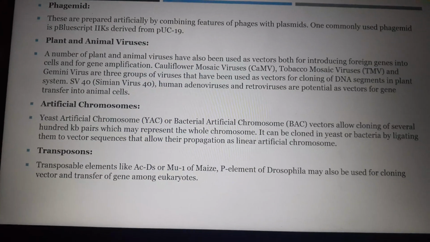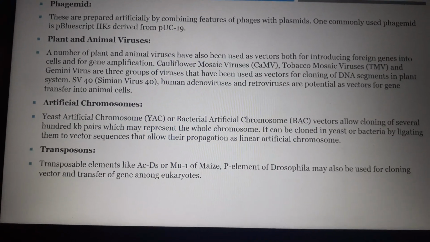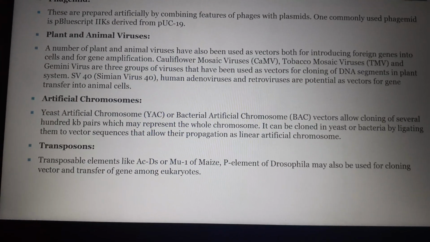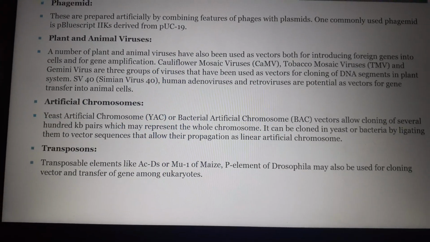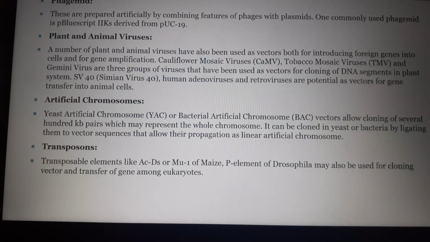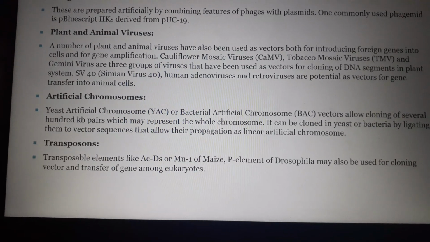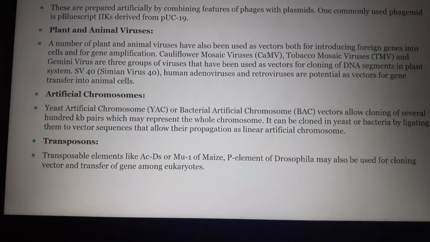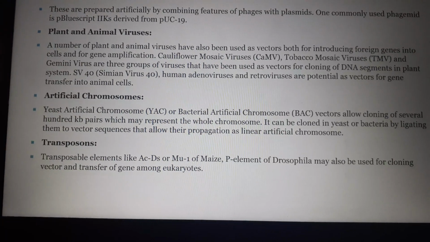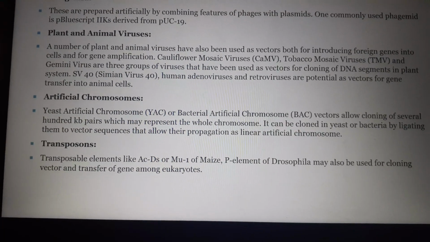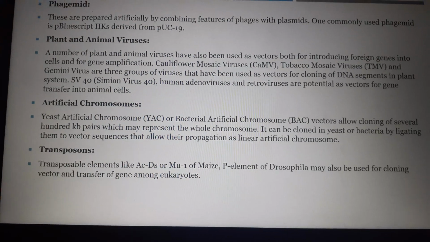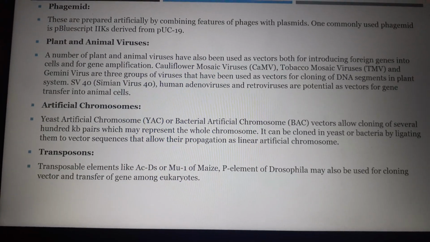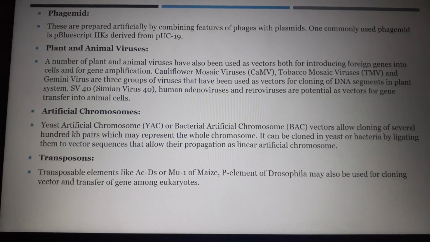Adenoviruses and retroviruses are potential vectors for gene transfer into animal cells. That's how we can also develop the COVID vaccine. They use the adenoviruses of animals and so on.